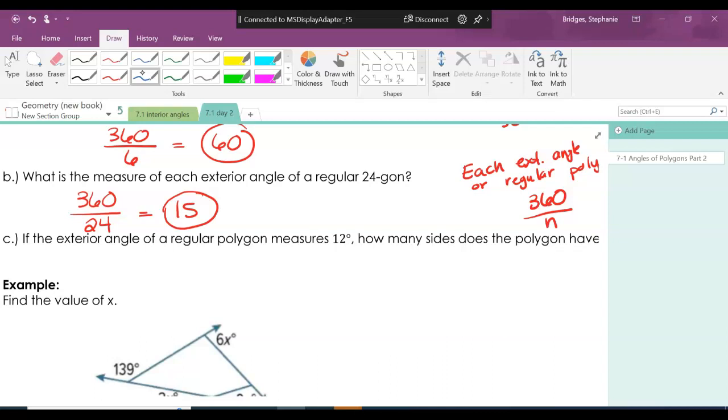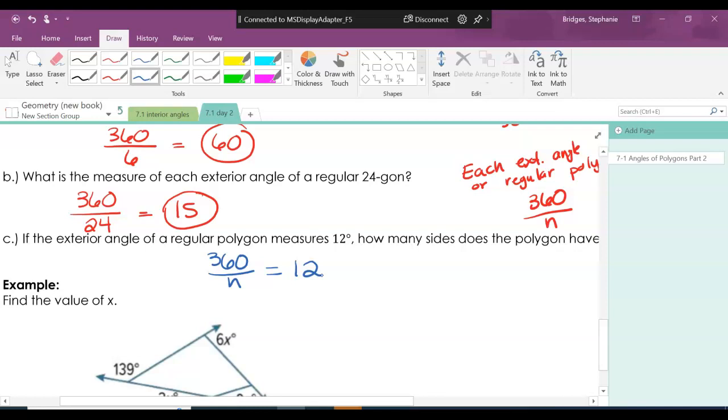What is the formula for finding one exterior angle of a regular polygon? 360 over n, yes. That's how I find one exterior angle. And what did it tell me that was going to equal? 12. So I'm going to set that equal to 12.